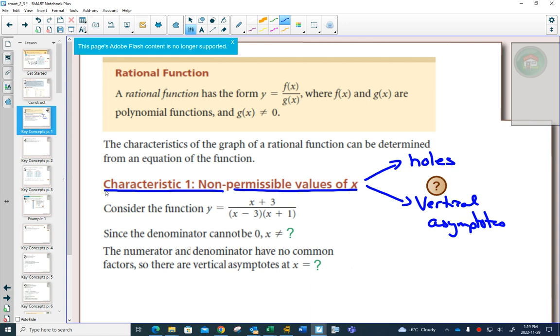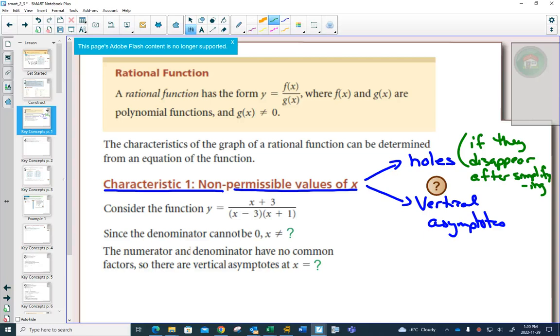They become holes if they disappear after you simplify, then a non-permissible value becomes a hole. If they do not disappear, a non-permissible value will always be a vertical asymptote on your graph.